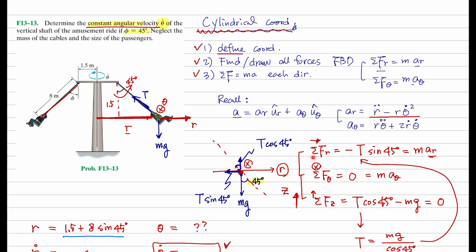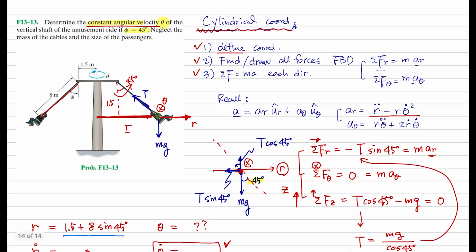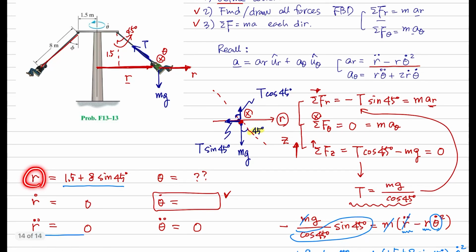We obtain these equations for the coordinate system we defined, and we have these two forces left. So we define another axis, and here we found another equation. After that, we would like to find out these values, and we plug those into the equations we derived to eventually find the theta dot.